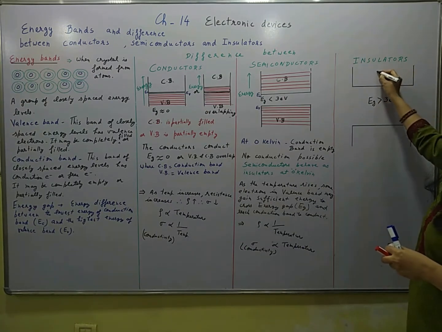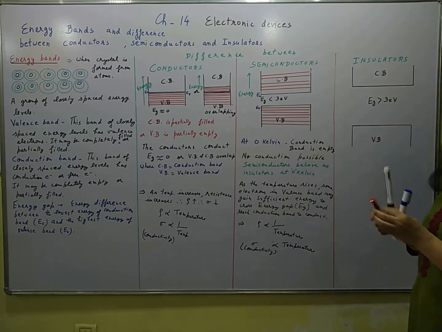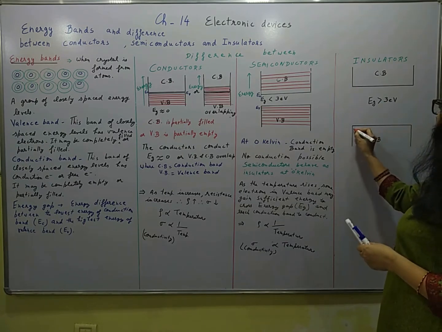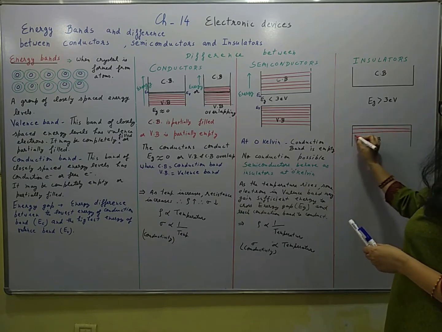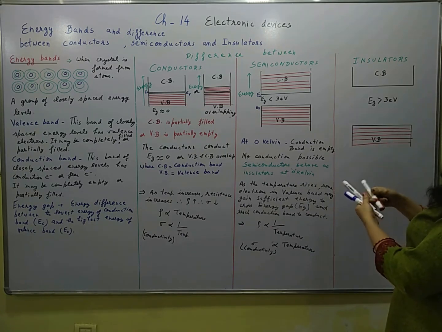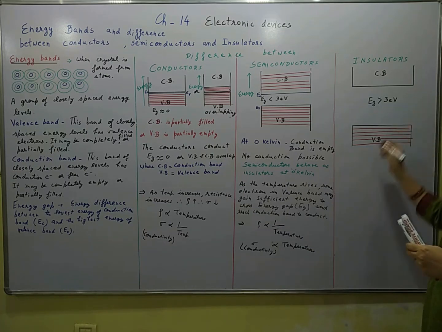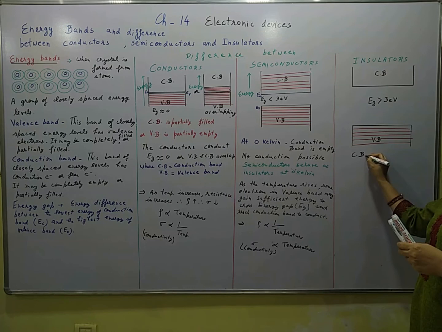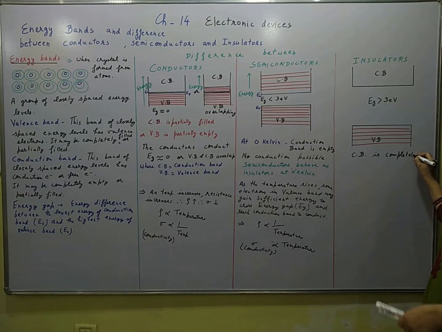This energy gap is between the conduction band and the valence band. So again, I can show the closely spaced energy levels of the valence band with a red line. Now here the conduction band is completely empty, right? Why?